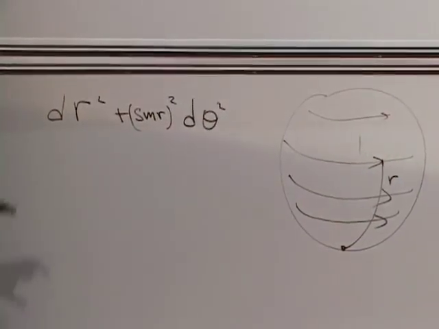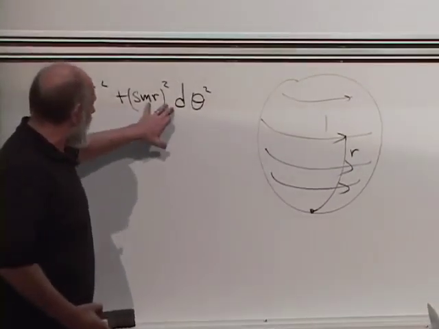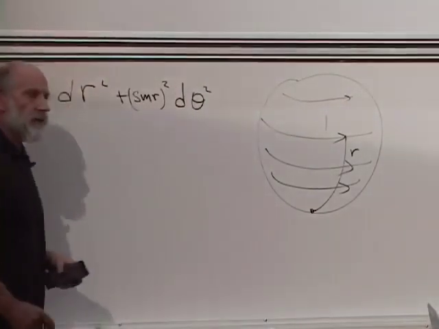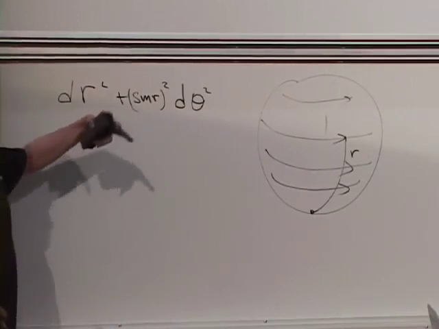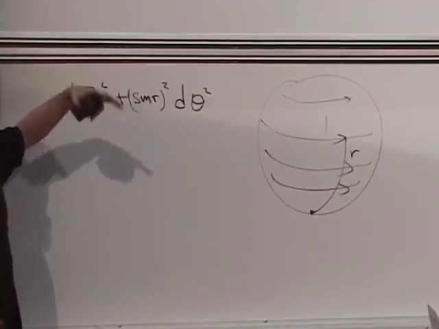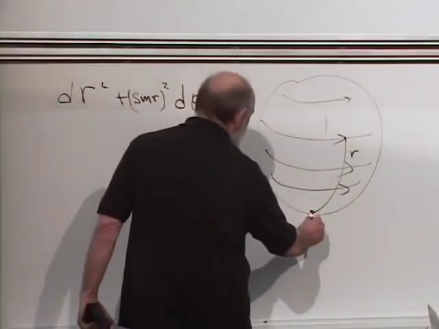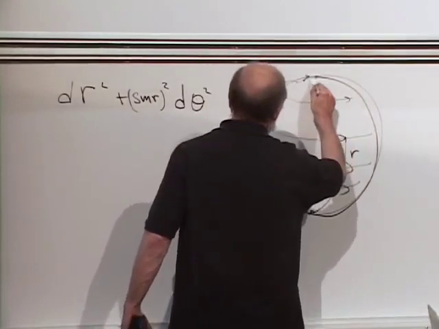What's happening is that instead of sine of r just increasing like r, it increases and then it decreases. Sine is a function which increases from 0 to pi over 2 and then decreases. That's why the sphere increases and then decreases.